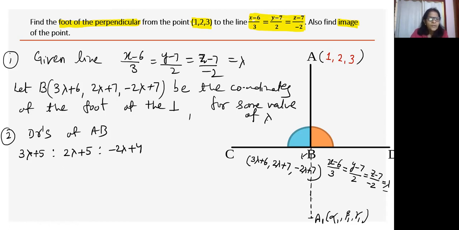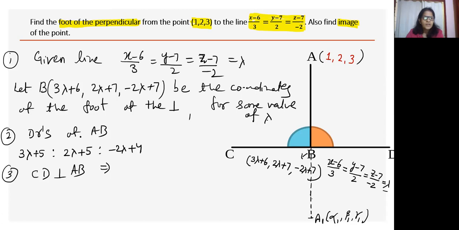Now step 3, we have CD and AB perpendicular to each other. If two lines are perpendicular, the sum of the products of corresponding direction ratios is 0. So you take A1 A2 plus B1 B2 plus C1 C2 equal to 0.